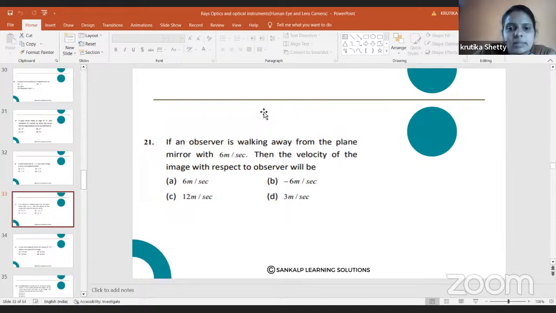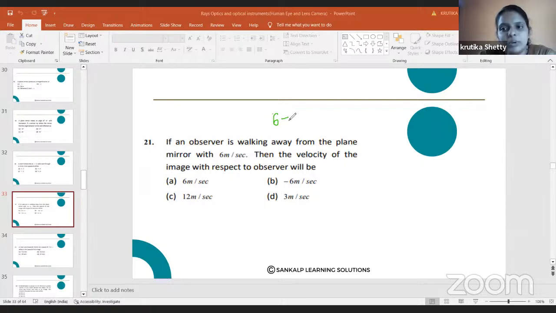See here how we can do this one. Anand is saying D, Damini is saying C. Okay students, what we need to do is, suppose 6 meters per second is the speed with which the observer is moving away. As he is going away from the plane mirror, a minus sign will come.